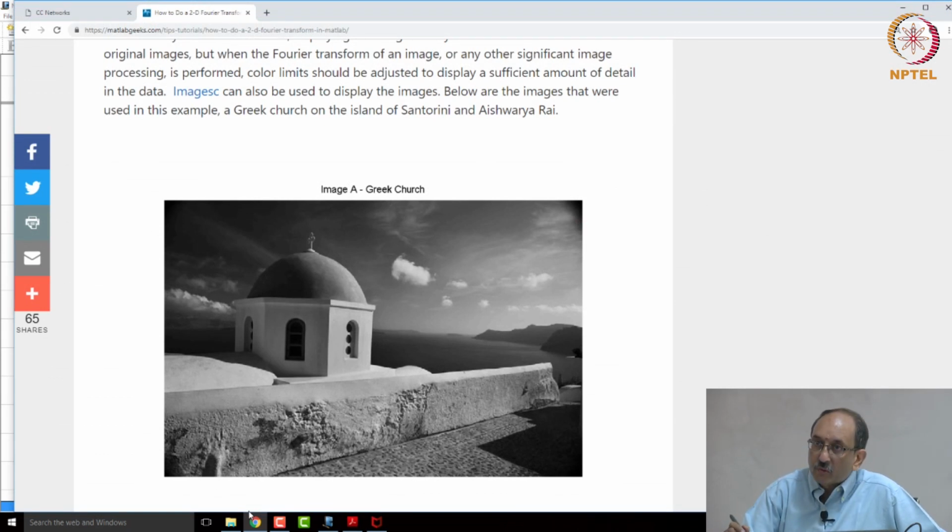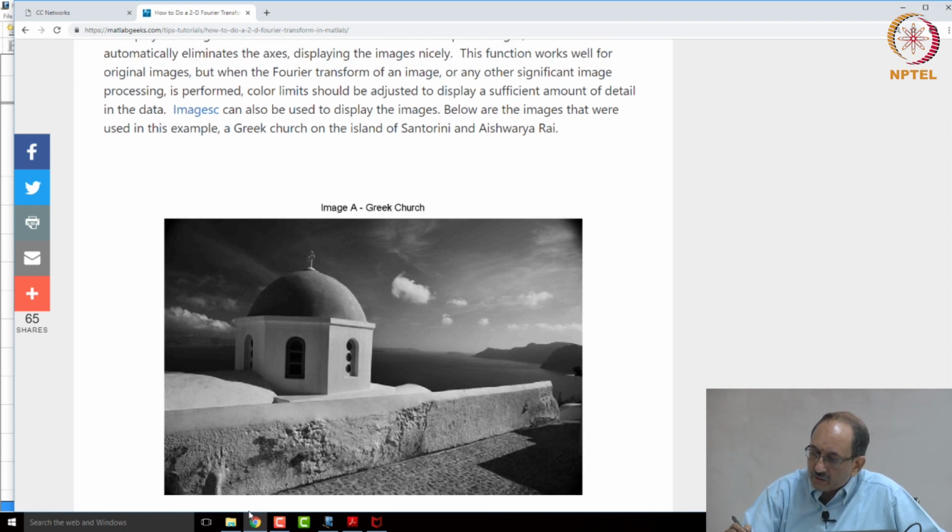So, I will just show you a couple of images. Somebody has taken the trouble to show this. So, this is a Greek church. What we are going to do is take the 2D Fourier transform of this, plot the magnitude and plot the phase, and then we will take the magnitude of image A and take the phase from image B, combine them, and reconstruct the image, and then we will see what happens.